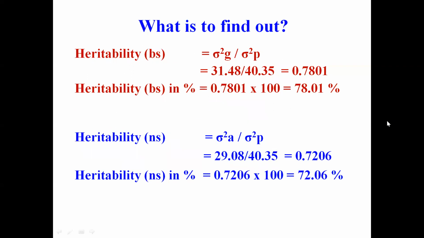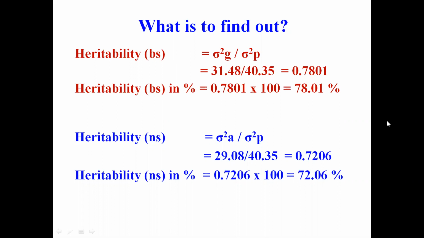If we want to express it in percentage, multiply this figure by 100, we will get 78.01%. Now, heritability in narrow sense is equal to additive variance upon phenotypic variance, and we get 0.7206, in percentage 72.06. What does it mean?